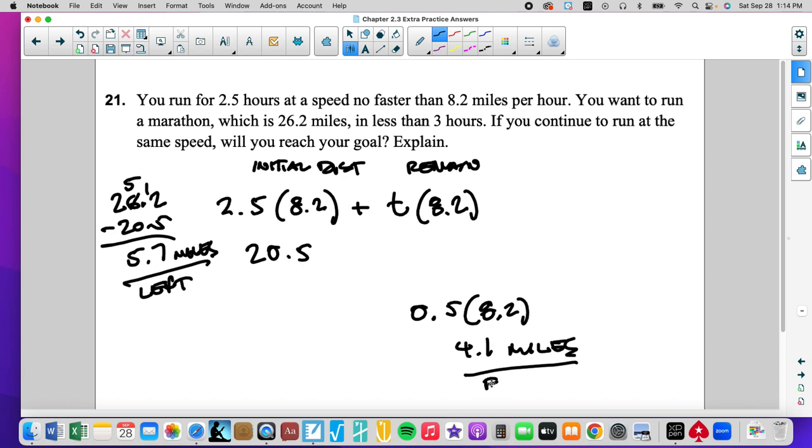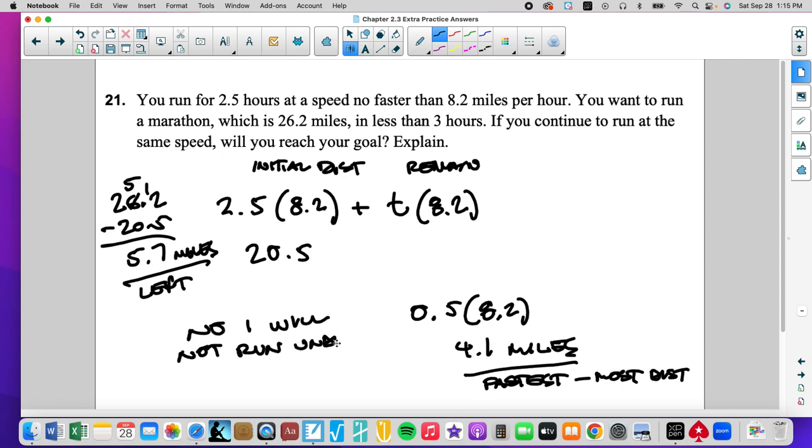This is my fastest, or the most distance. So this is not greater than this. So no, I will not run under 3 hours. That's some crazy running.